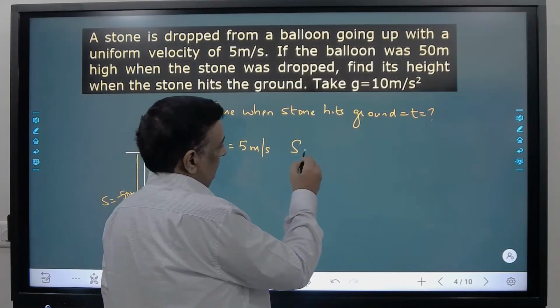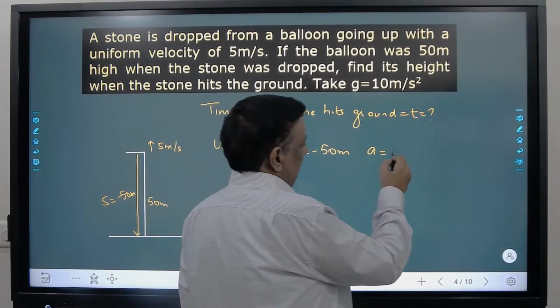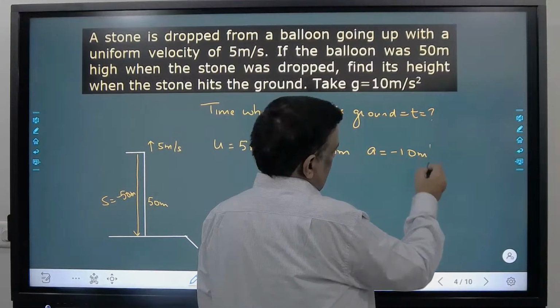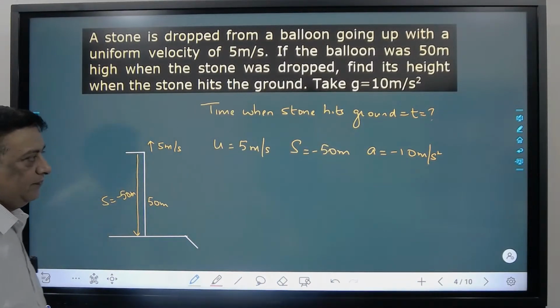And the body is moving under the effect of gravity, so a is equal to minus g.